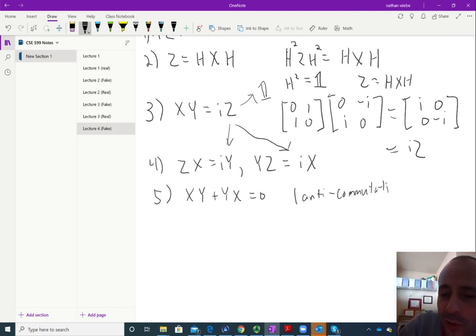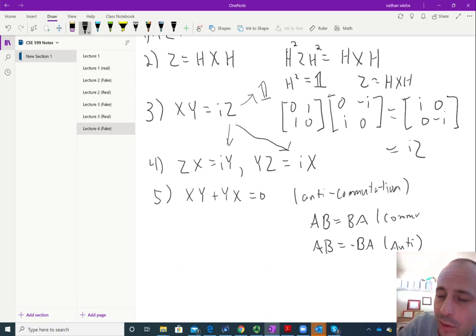Two matrices are said to commute if AB equals BA, and anti-commutation implies that AB equals minus BA. It turns out that this happens for any pair of Pauli operators. For example, XZ plus ZX equals 0, and so on and so forth.